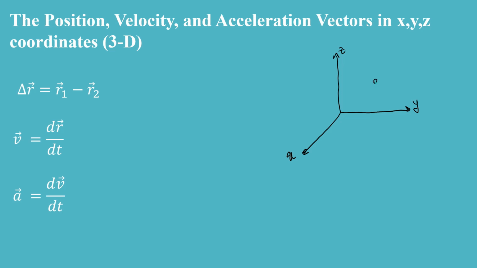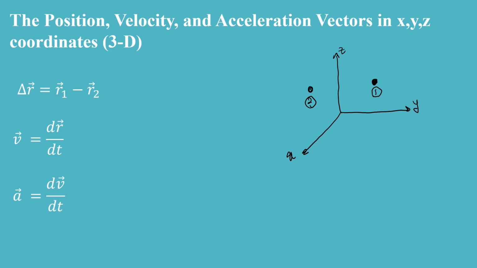And then you have a particle right here, and you're going to write down the displacement. For example, I'm going to move my particle from point 1 to point 2, right? And now I'm going to write down the displacement and also calculate the velocity and acceleration. That's what we mean by writing down these parameters in 3 coordinates.